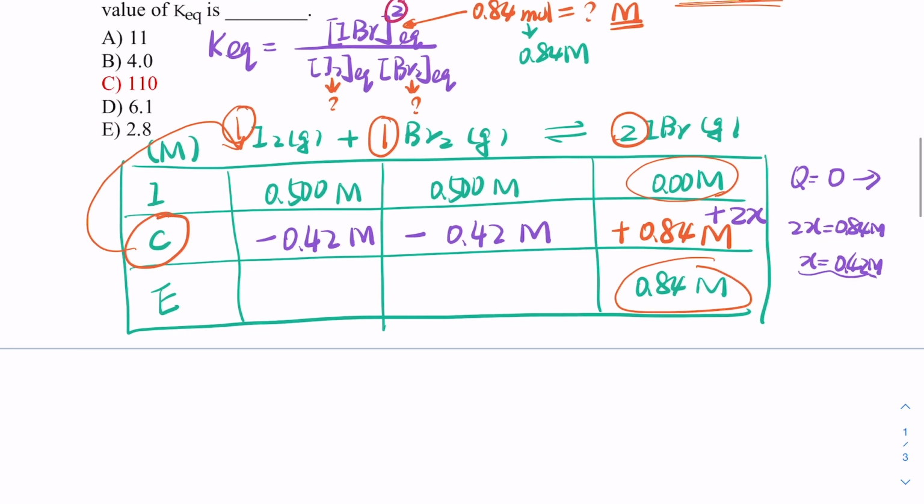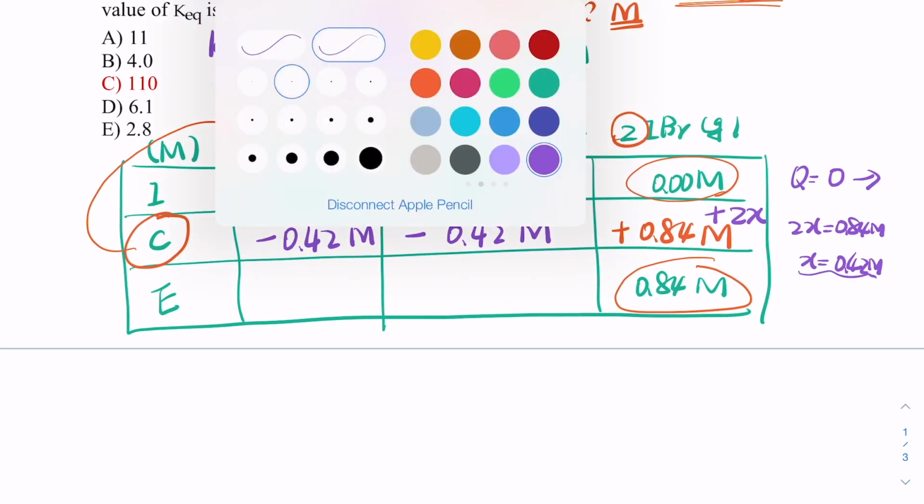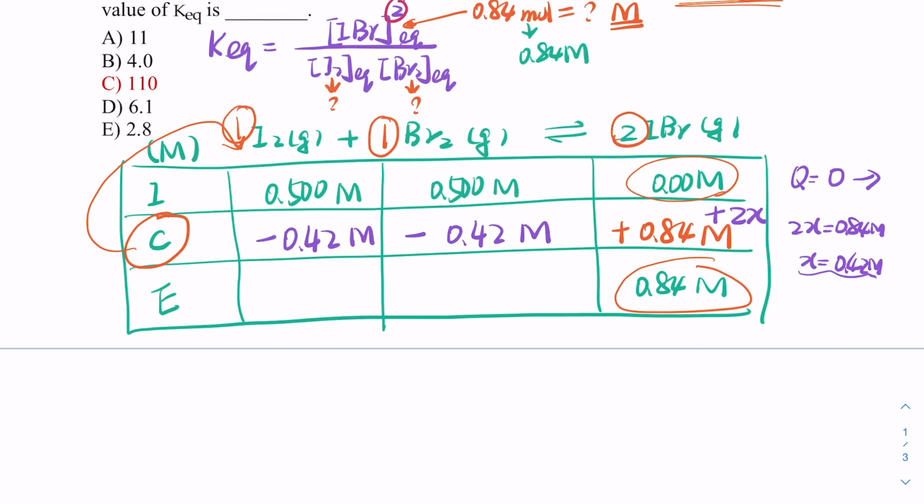Now can we figure out the concentrations at equilibrium? Yes, we could, just math. Initial is 0.5 minus 0.42, and that will be 0.08. If you want to keep all the sig figs, you can add zeros to all these values.